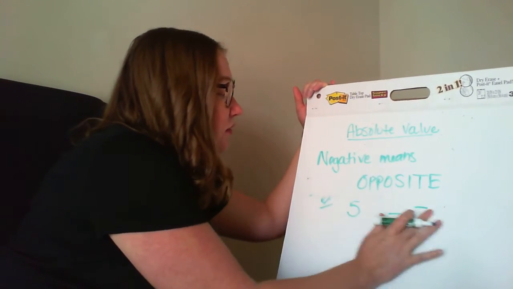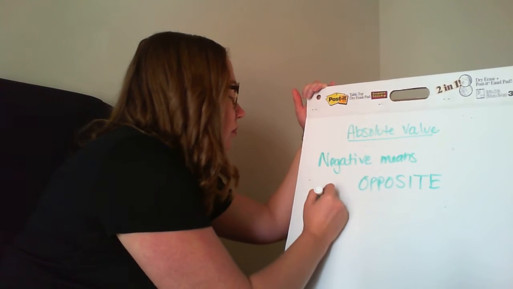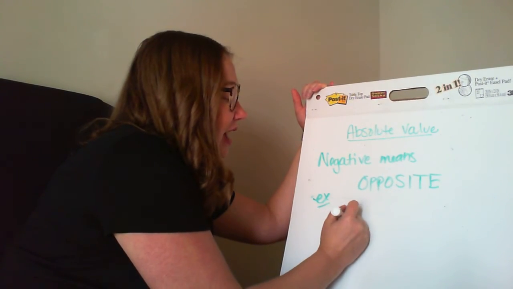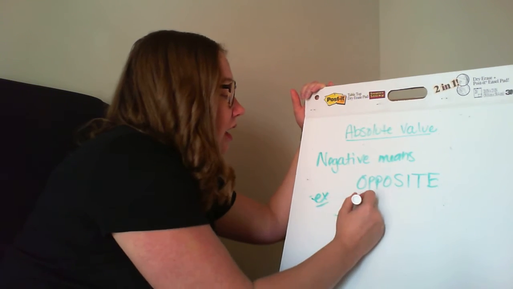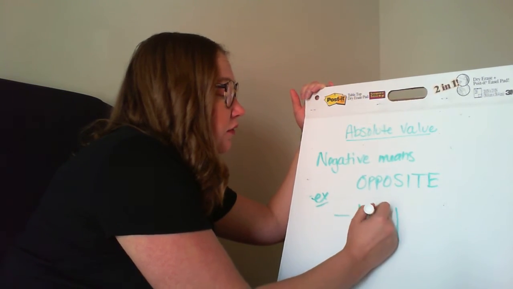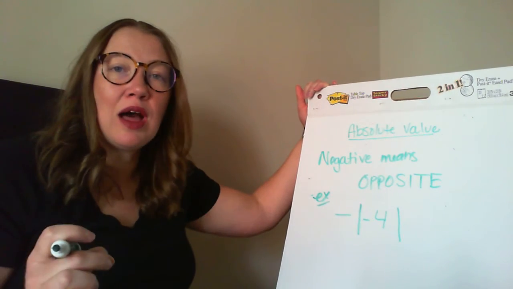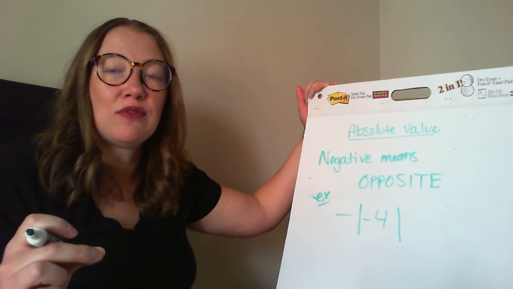So, if I have an absolute value problem that is the opposite of the absolute value of -4, first I have to figure out what is the absolute value of -4.